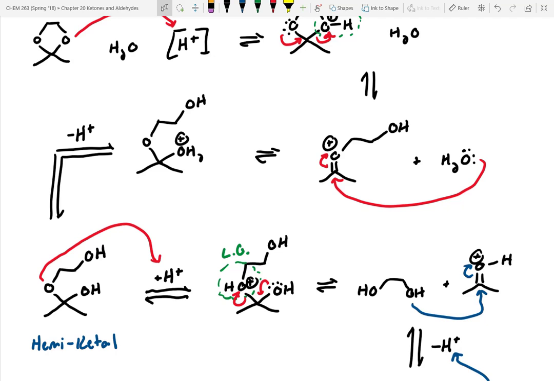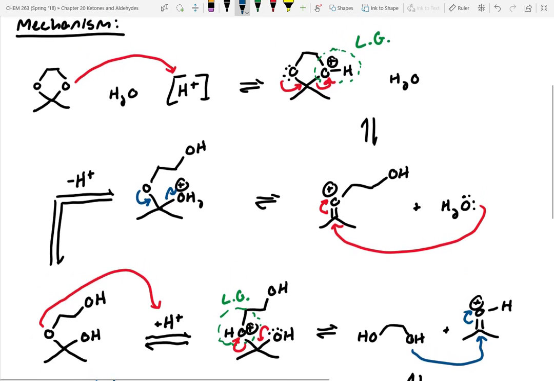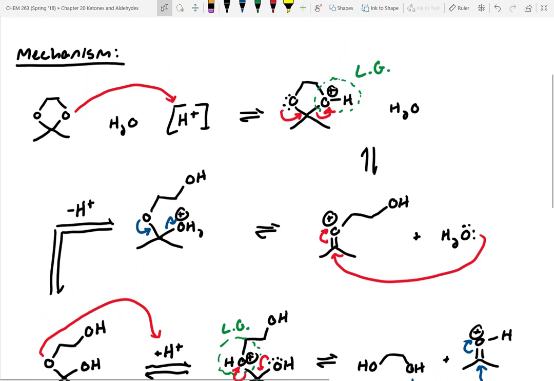And then in the next one, you can do the opposite reaction where you kick off that water. So we're kind of going in the reverse direction. And then in the next one, once we're there, it looks like we're just doing a proton transfer again, and so on.